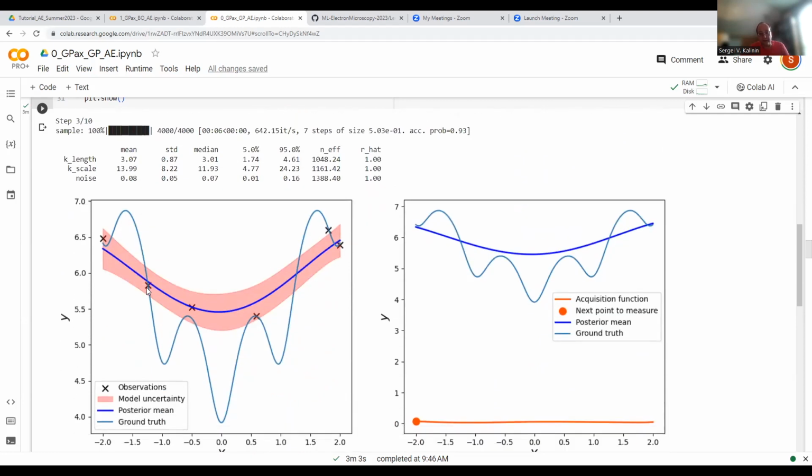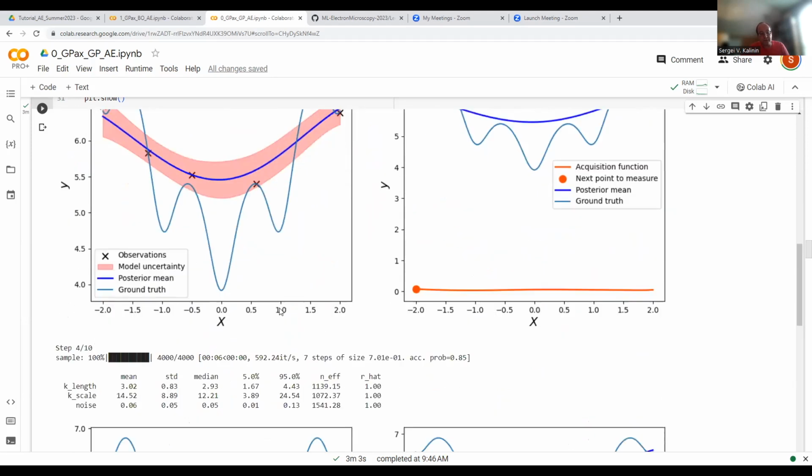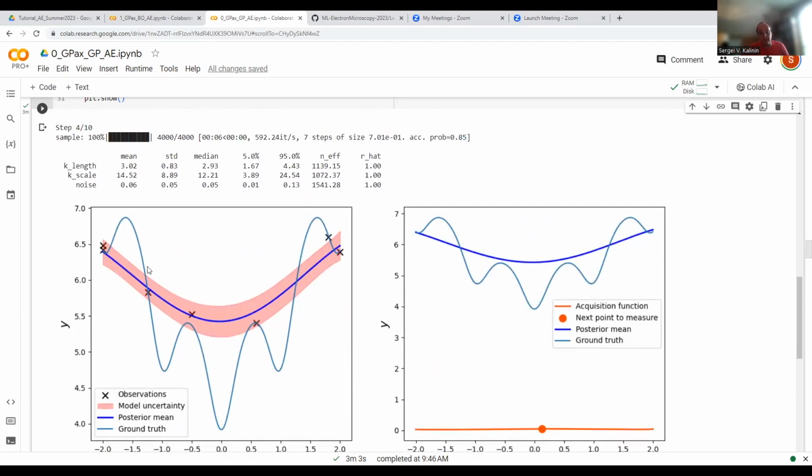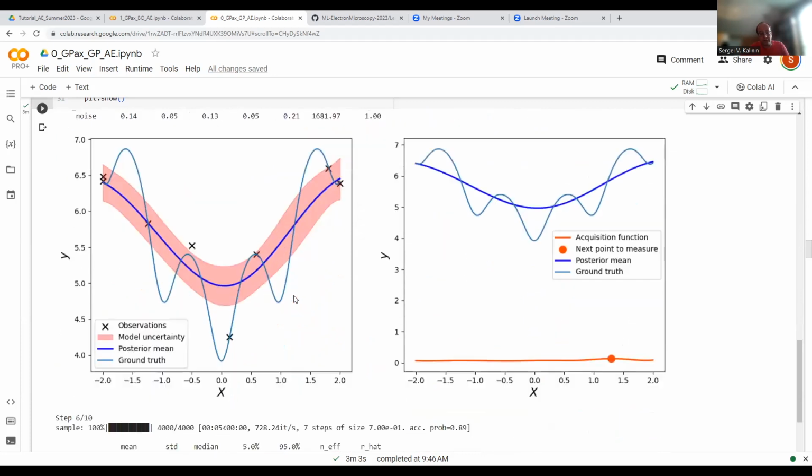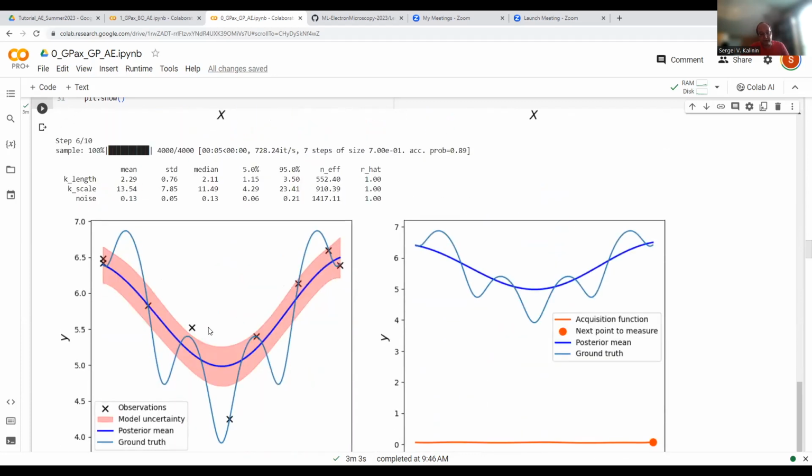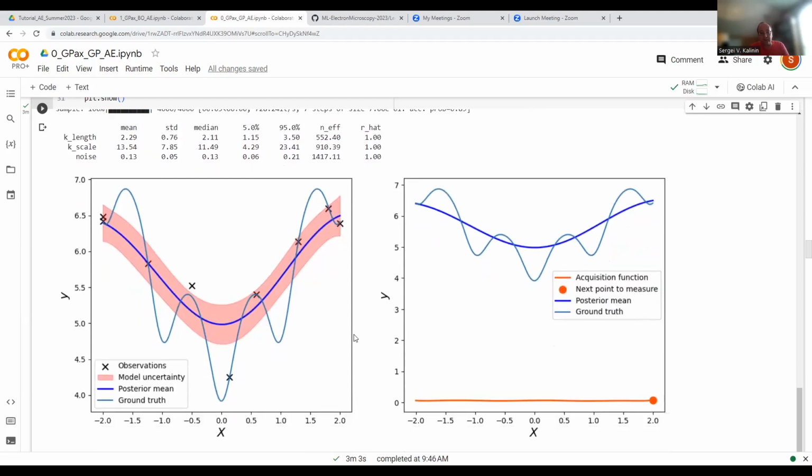Now the largest uncertainty is here. So we repeat the process over and over again. If we do it a sufficient number of times, then our blue curves start to look more and more like our ground truth measurements. But notice one very important thing, that despite all these measurements, we were never able to capture these zigzags over here.